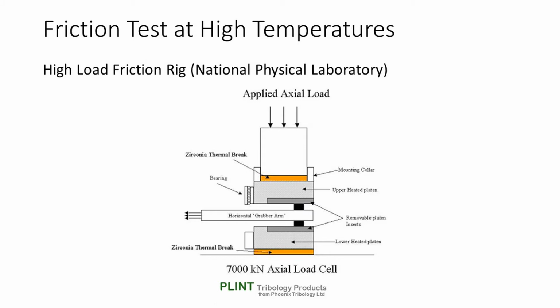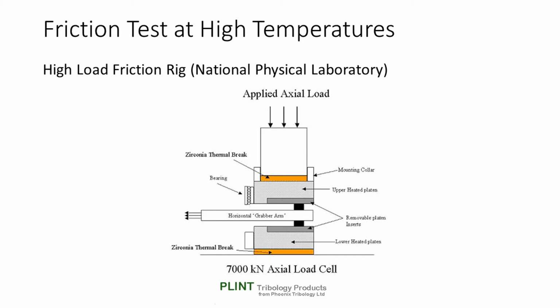Friction coefficients are obtained from this rig by measuring the ratio of the horizontal load exerted by a horizontal ram dragging a cylindrical billet across the face of two platens compressed in a large 700-ton press.